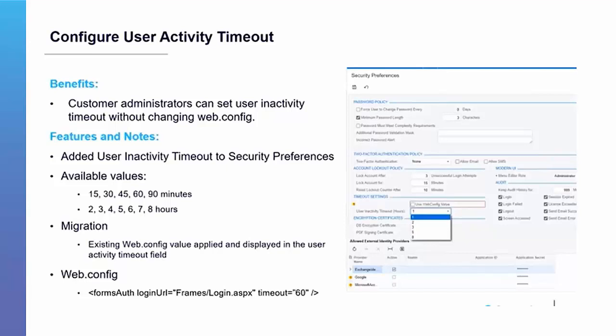Now, directly from the Security Preferences screen, you're going to see there is a checkbox right here under Timeout Settings. The default for everybody is to use the web config value, which could only be updated on the server. That's why we had to put in a support case. So now you have access to that. Your available values are listed here, and it's a very nice feature for when you want to increase or decrease those timeouts.